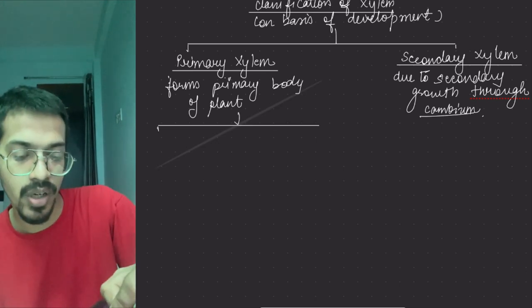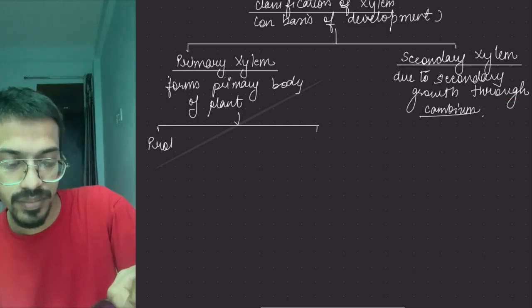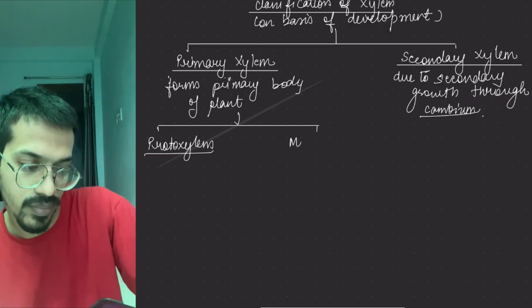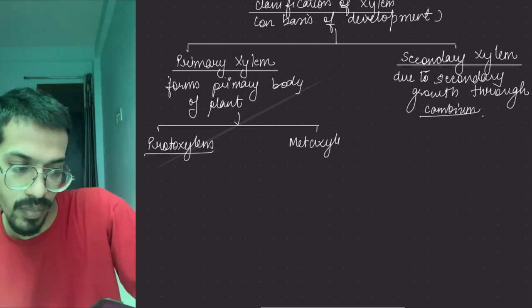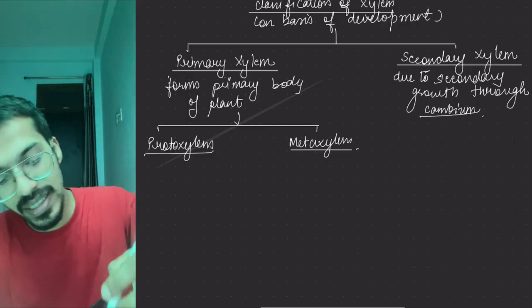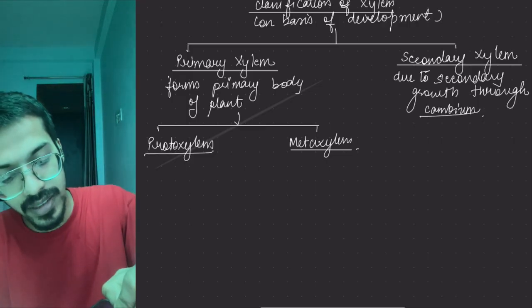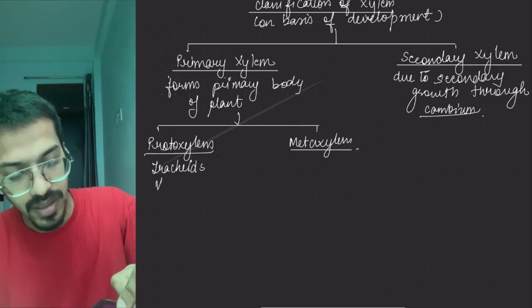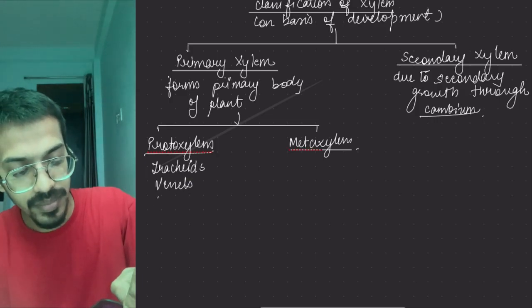Number one, we have protoxylem, and then we have metaxylem. So the protoxylem contains three things. It has tracheids, vessels, and xylem parenchyma.